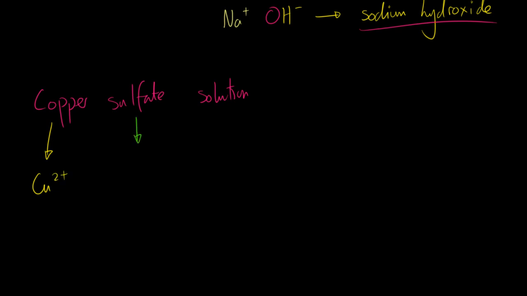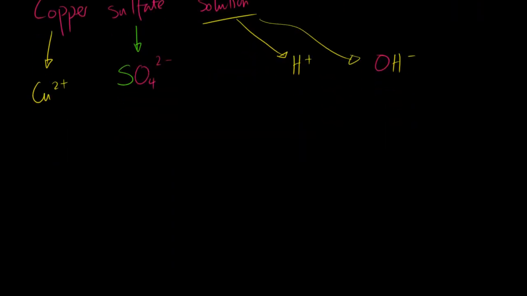And then you've also got SO4 2- ions floating around. It's a solution, so you're also going to have some hydrogen ions, and you are also going to have some hydroxide ions, like so.